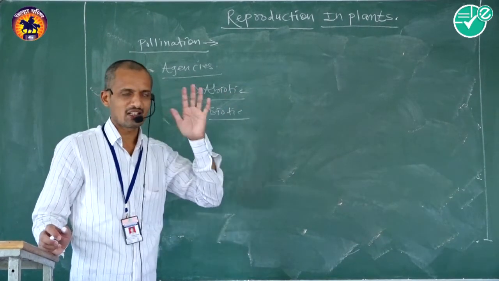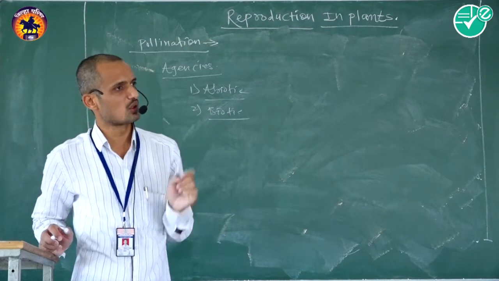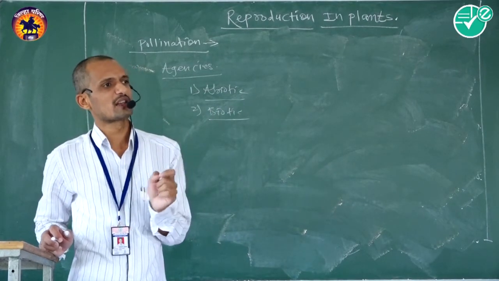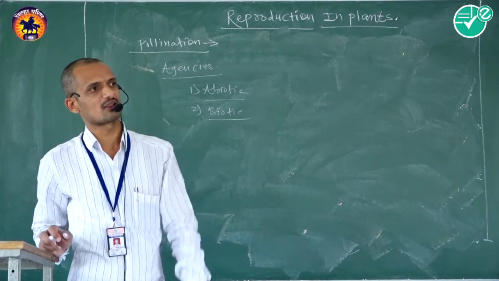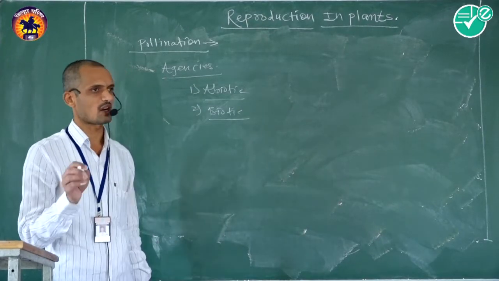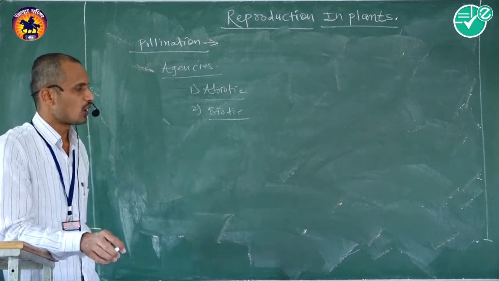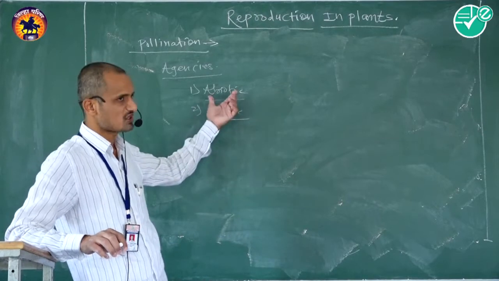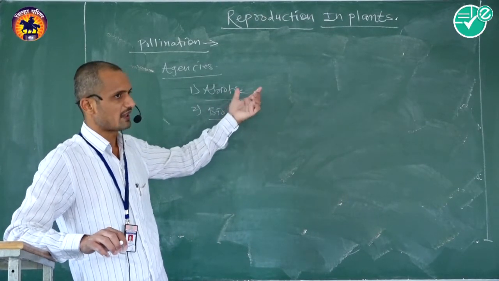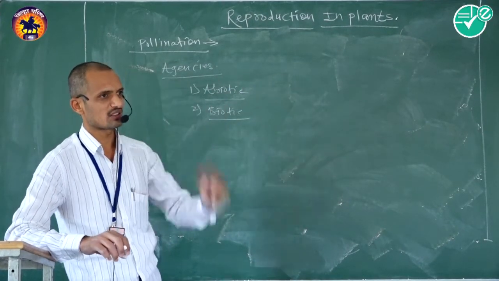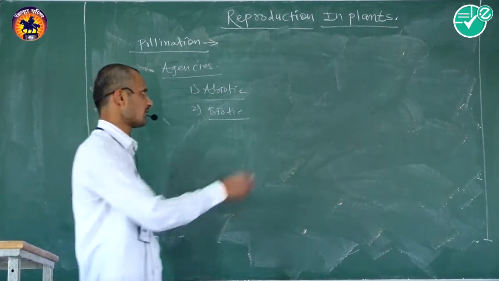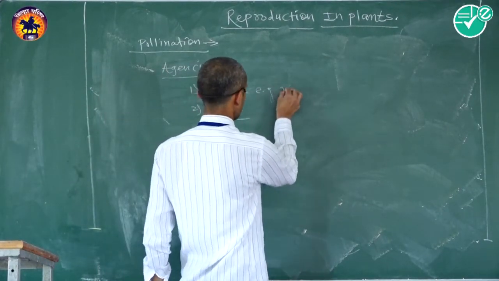Abiotic pollinating agent means those non-living things or physical factors that are responsible to transport the pollen grain from anther to respective stigma. Examples are wind as well as water.